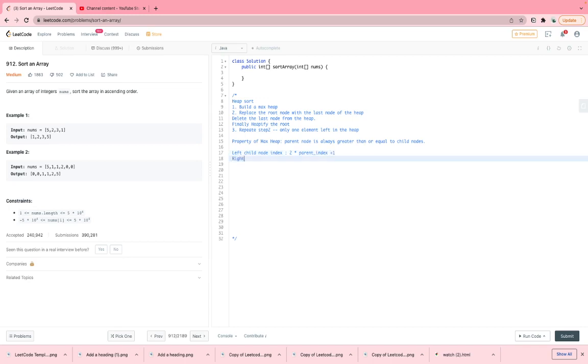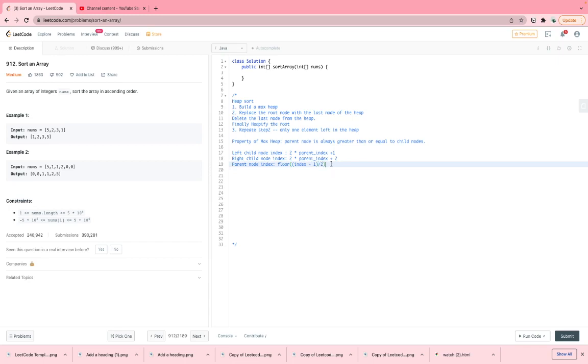The right child node index equals 2 times parent index plus 2. And how do we get the parent node index? We floor the index minus 1, divided by 2. This is the formula.